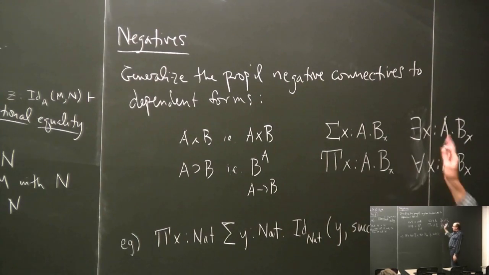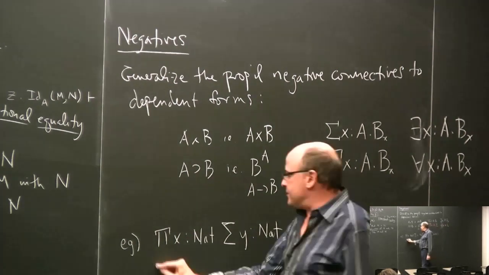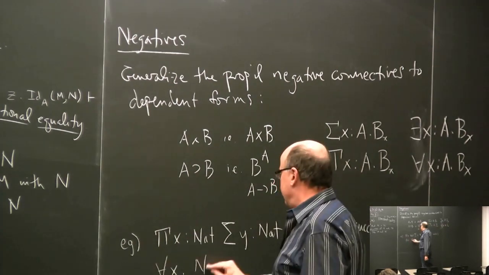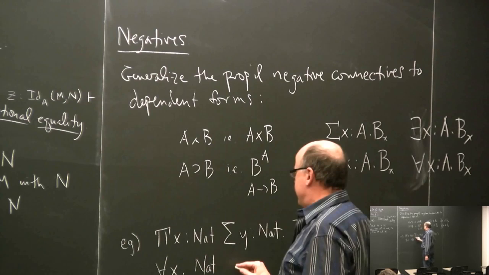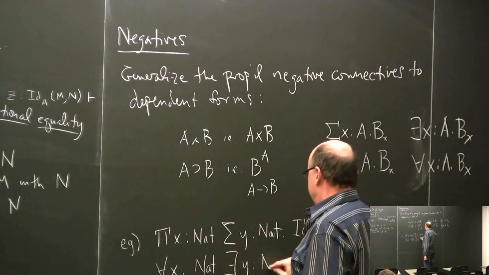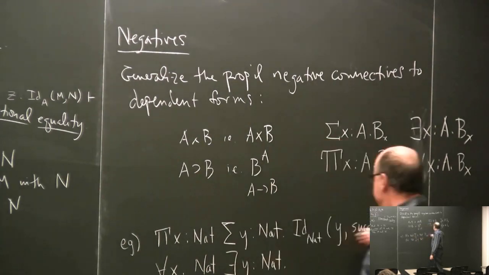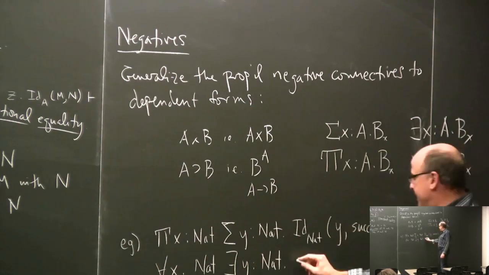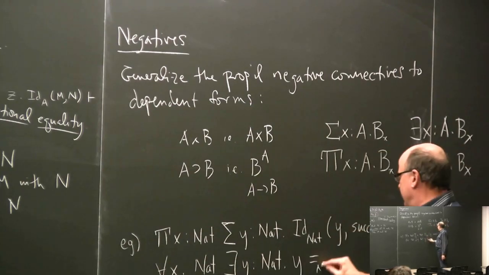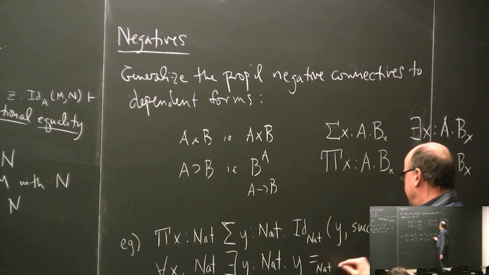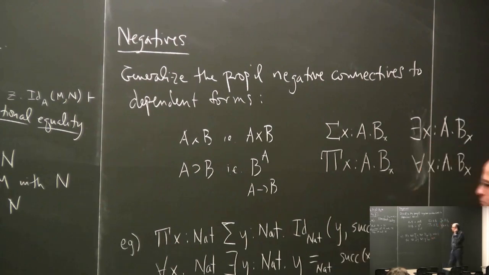Okay, but if you give me that for the time being, then this is just read the same way as for every X in nat. So sometimes it feels better to use the quantifier notation. And then maybe, while I'm continuing in that vein, I might well write for every X, exists Y in nat, Y equal successor of X. And that looks more like familiar logic, and that's a good way to do it.